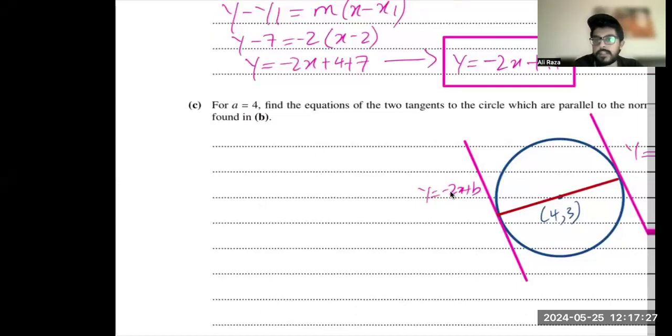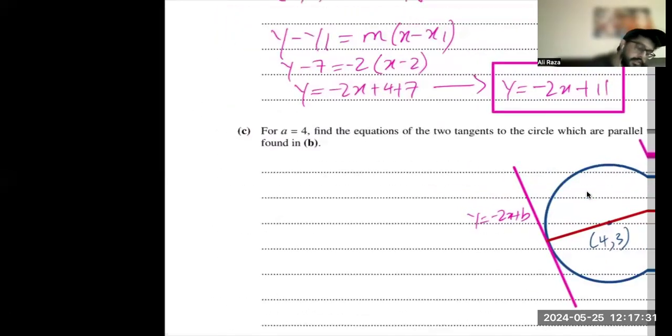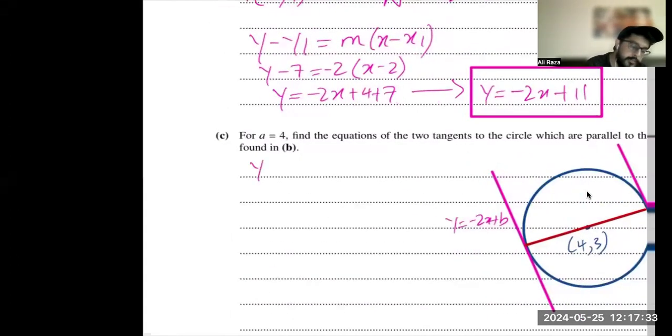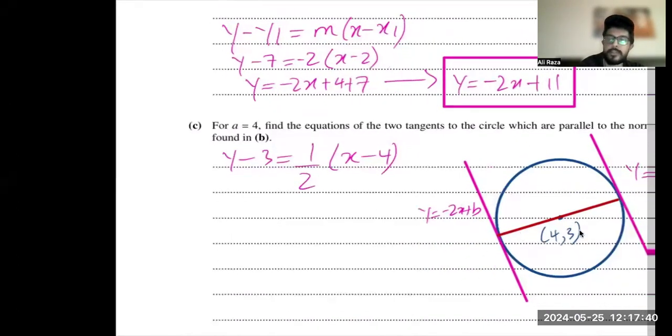If the tangent has the gradient minus 2, the diameter will have the gradient 1 over 2. So the equation would be y minus 3 is equal to 1 over 2 bracket x minus 4, using the coordinates 4, 3 with the gradient half. Y is equal to half x plus 1.